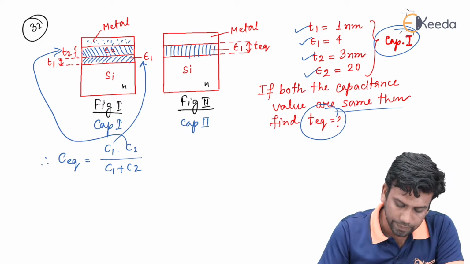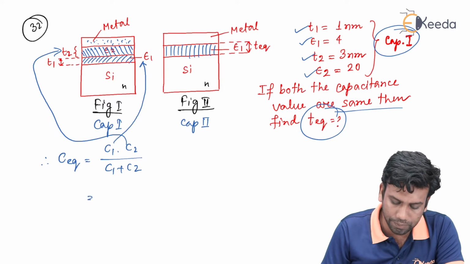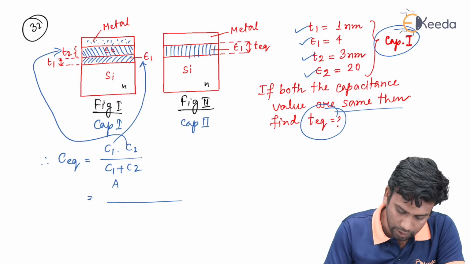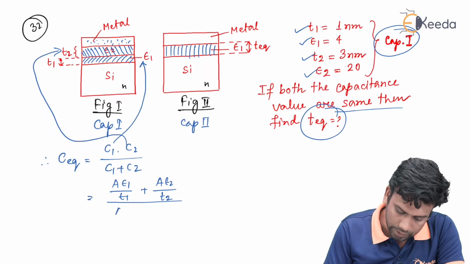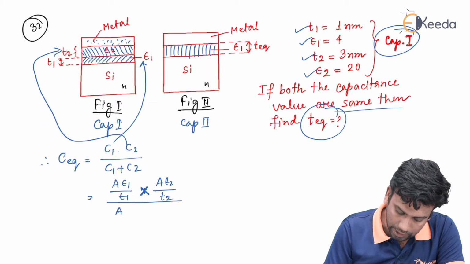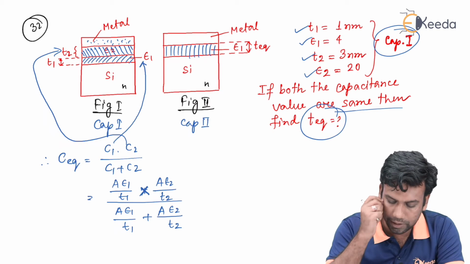Putting the values of epsilon 1 and epsilon 2 in the form of C1 and C2, the equation will be (A epsilon 1 by T1) times (A epsilon 2 by T2), divided by (A epsilon 1 by T1) plus (A epsilon 2 by T2).